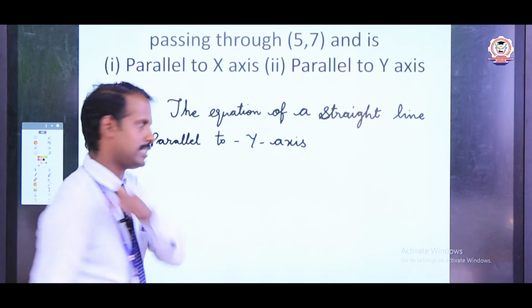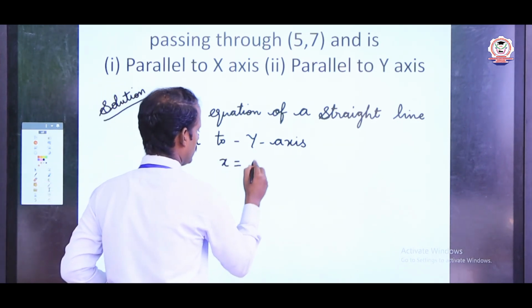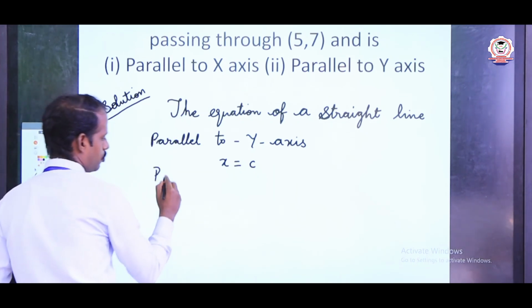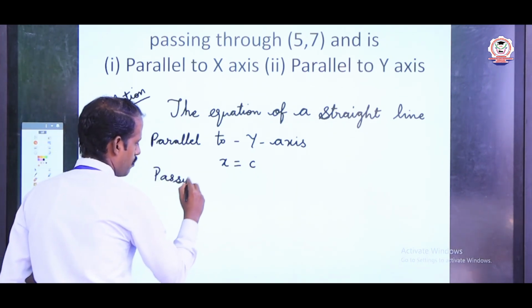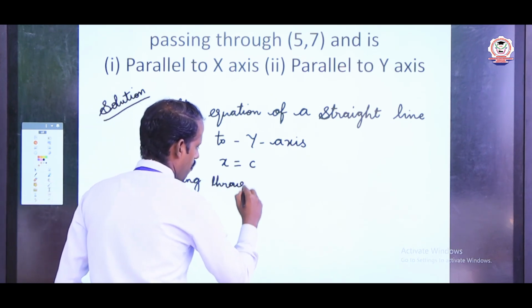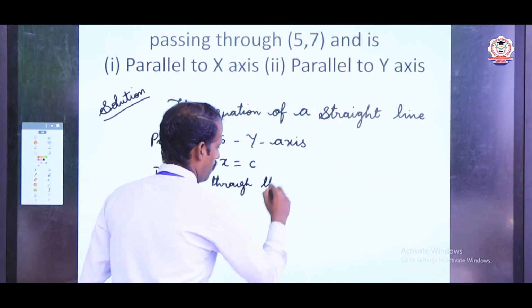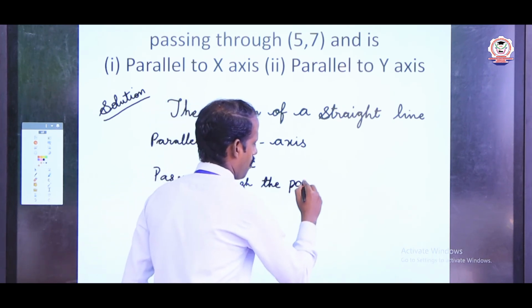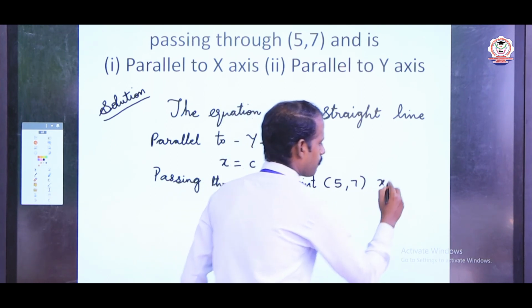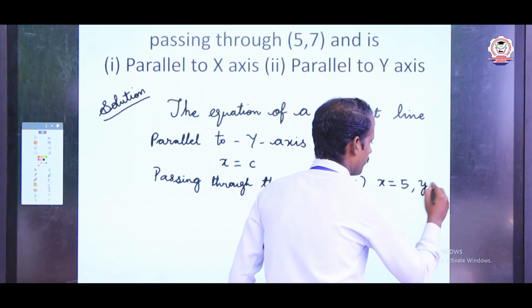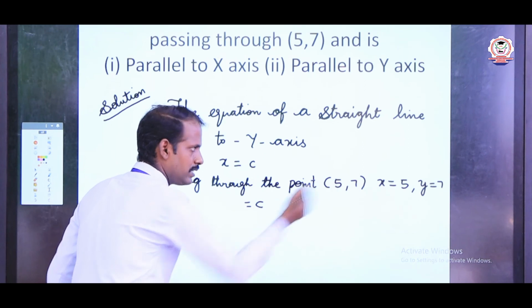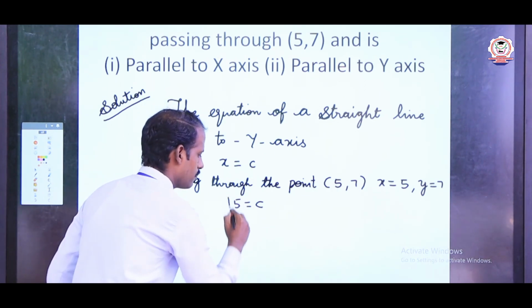Yes, x equal to c. So here x equal to c. It passes through the point (5, 7). So here the x value is 5 and the y value is 7. So substitute the value, we get c equal to the x value, which is 5. So the c value is 5.